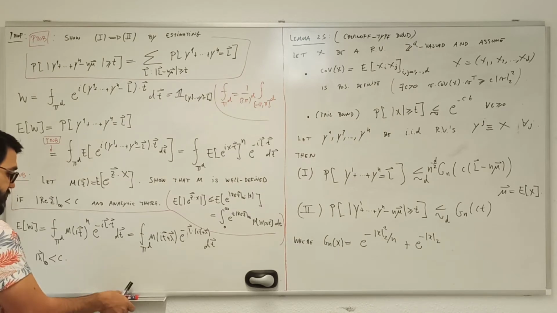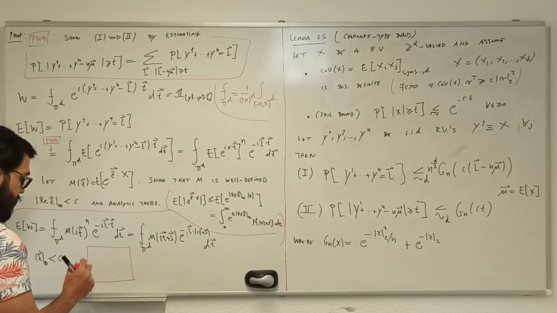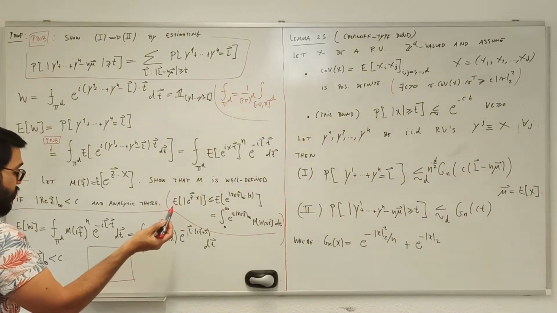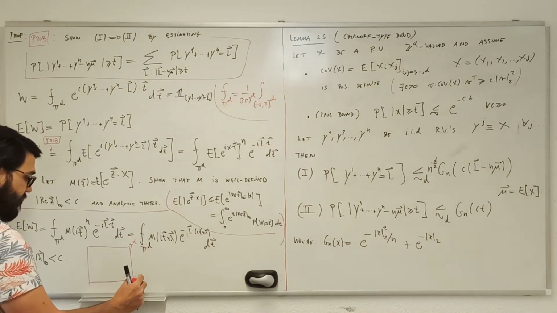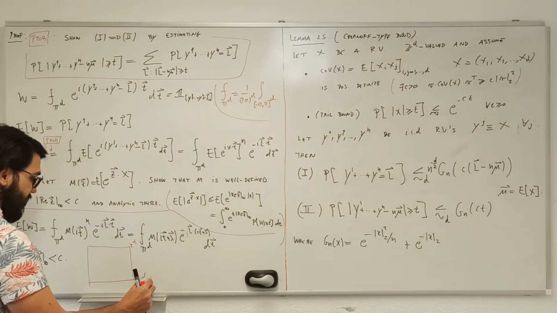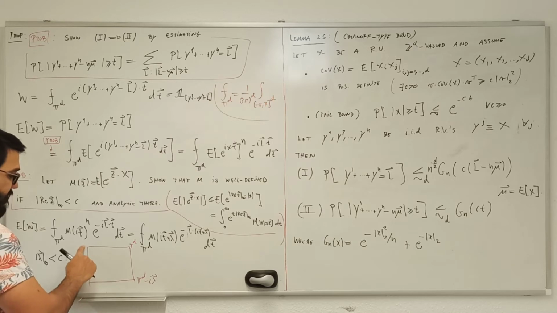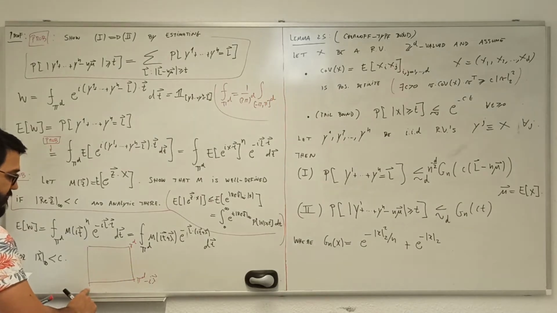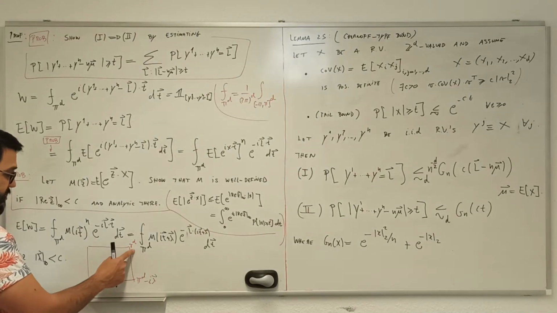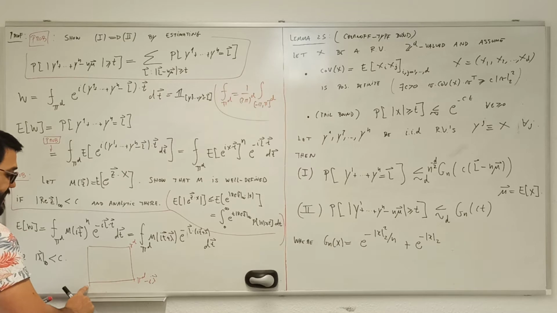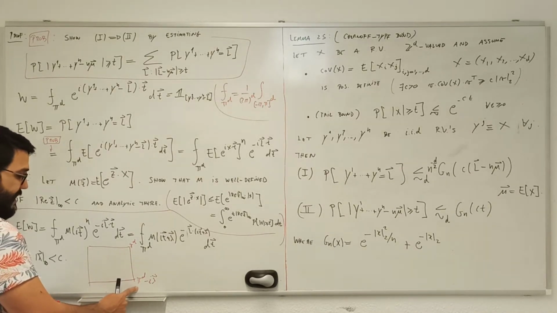And why we can do this is just because of a simple picture. Maybe we can do it even here. So imagine that d was 1, for instance. Here we have the torus, minus pi to pi, and here we have the shifted torus, minus pi minus i lambda to pi minus i lambda.